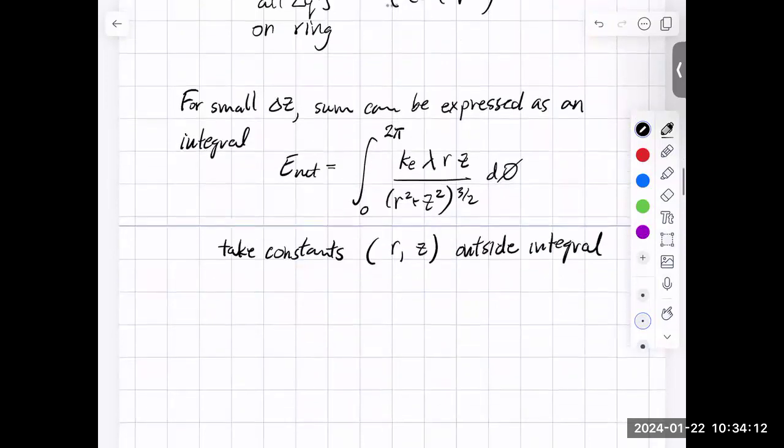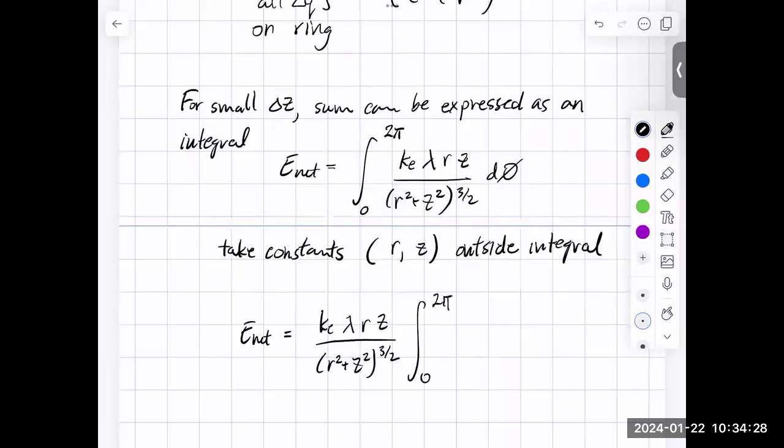And so our E net would be equal to Ke lambda r z divided by r squared plus z squared to the 3/2, times the integral from 0 to 2 pi of d phi.